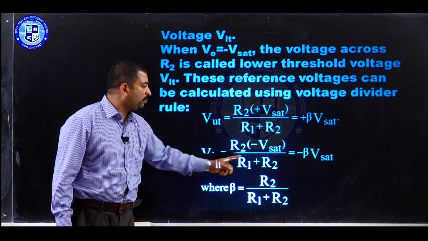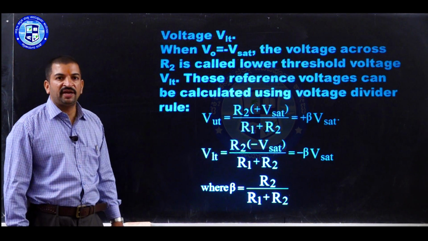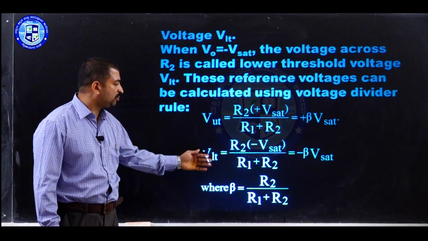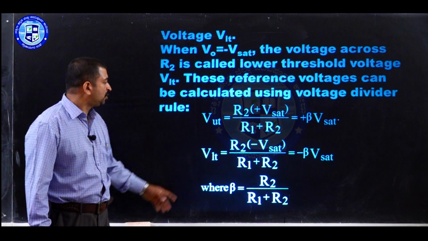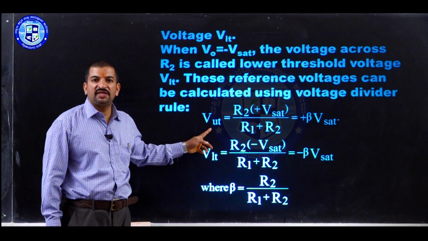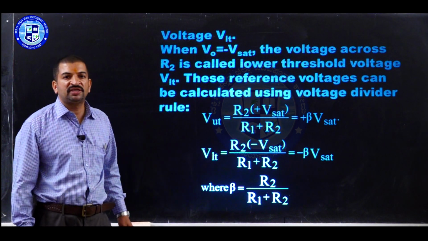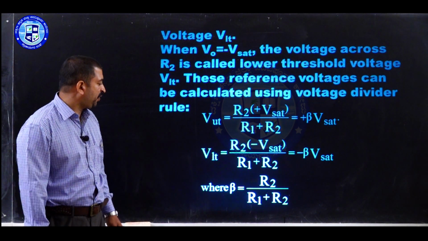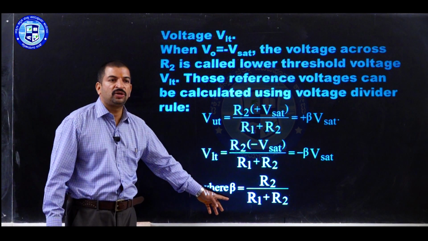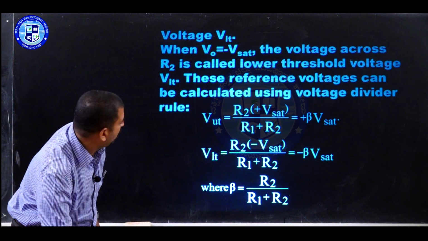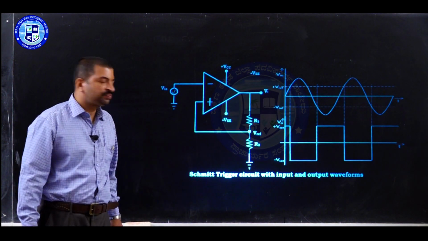Again R2 divided by R1 plus R2 can be written as minus beta V saturation. Beta is nothing but the feedback fraction. So the upper threshold voltage is given by the formula plus beta V saturation. The lower threshold voltage is given by the formula minus beta V saturation, where beta is equal to R2 divided by R1 plus R2.